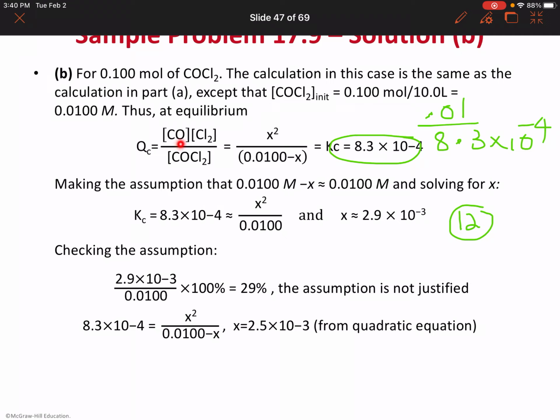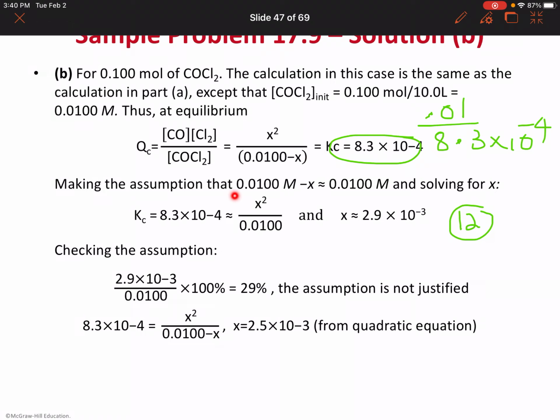Again, this is the expression for Qc: X squared over 0.01 minus x, set up the same way, and this is equal to Kc.